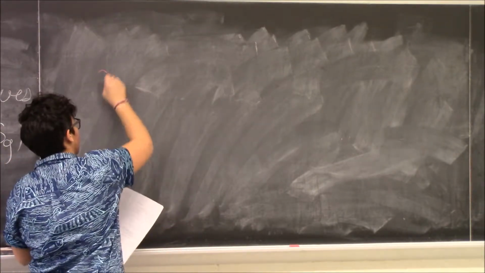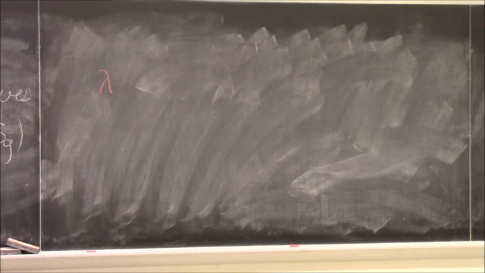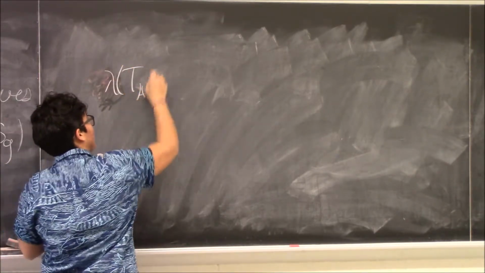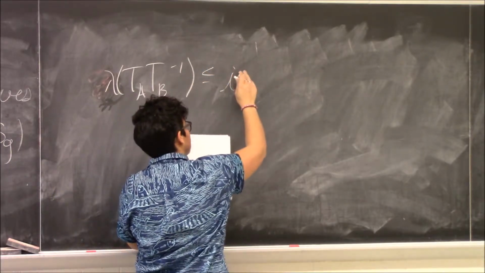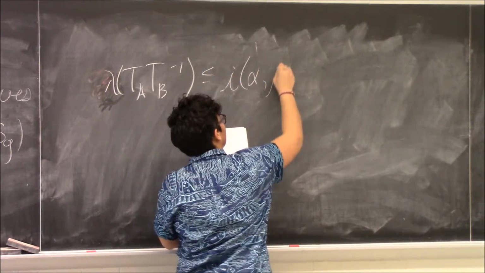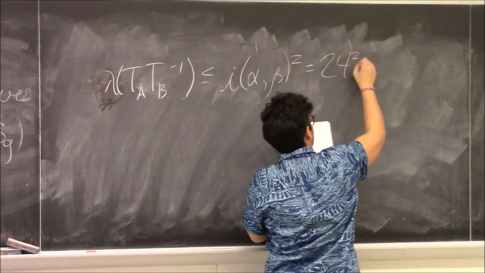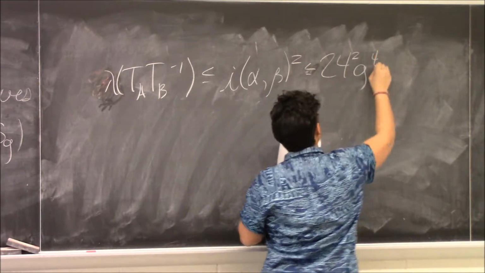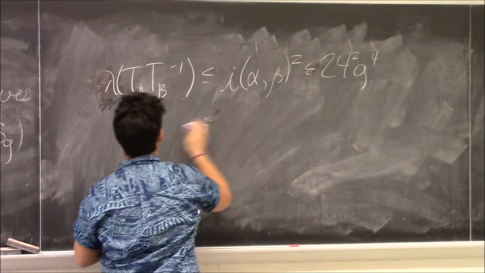So we get that the dilatation of this point pushing map is bounded above by just twice the intersection, which is just this. And so this is what gives us our upper bound on the log of the dilatation.